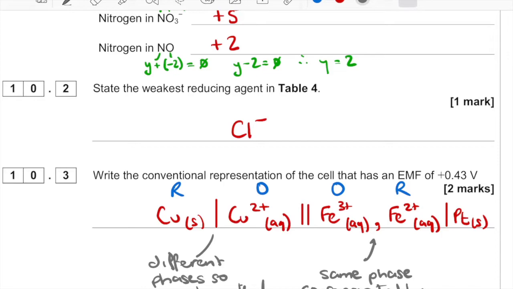But thinking of them as states of matter isn't bad. Don't ever explain it that way, but you're never going to be asked to explain it anyway. You really just need to use it. So there's our conventional cell representation for getting plus 0.43.